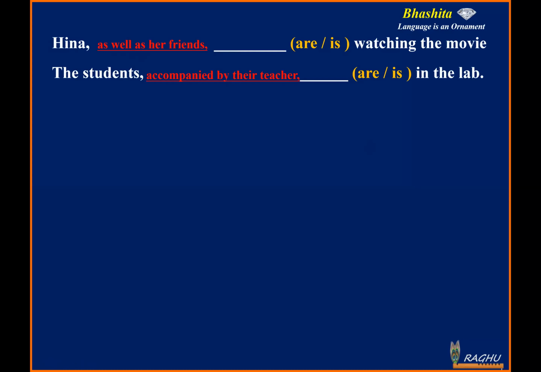The second sentence is: the students accompanied by the teacher, the given options are is or are: in the lab. Can anyone guess the right option for the given two sentences? You know that if you know the rule, it is very easy to answer them. So let us learn the rule first.